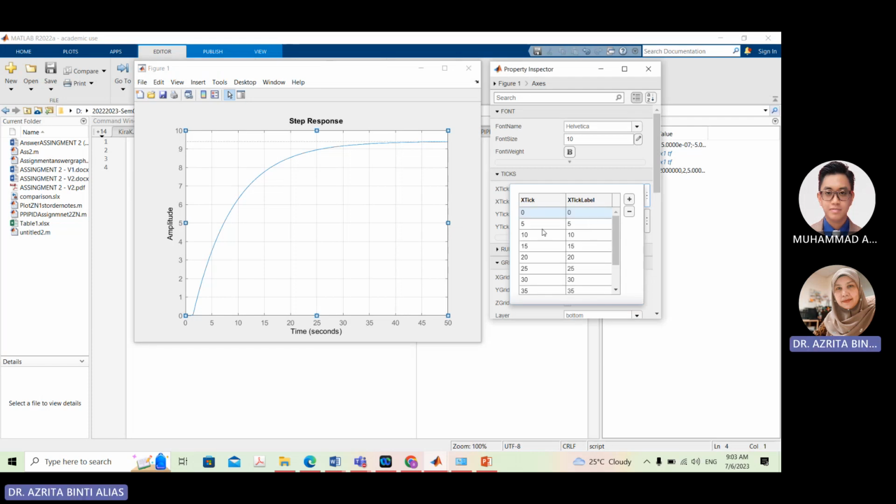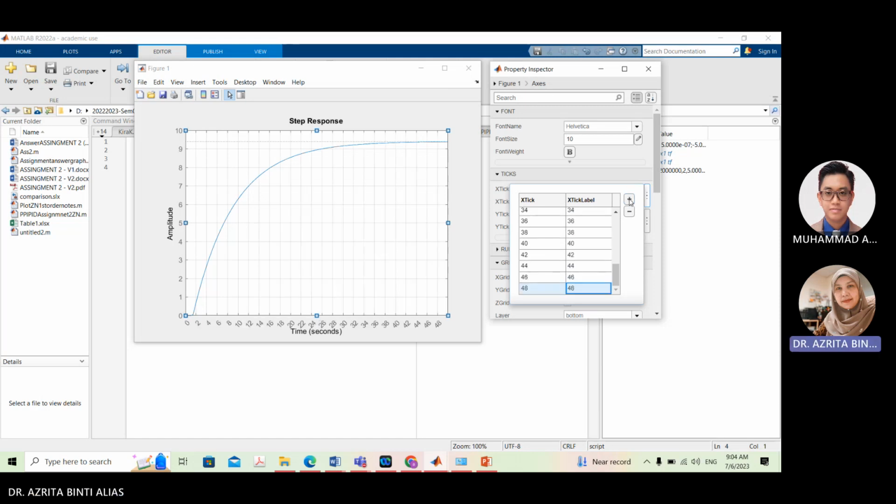Then it will show you the X tick and also the X tick label. Okay, so kat sini kita just delete. Then you add new values. Katakan kita nak increase by 2, so the step here is 2. After that, we just click the plus. So dia akan automatic increase lah. So we will put it until 15. Okay.